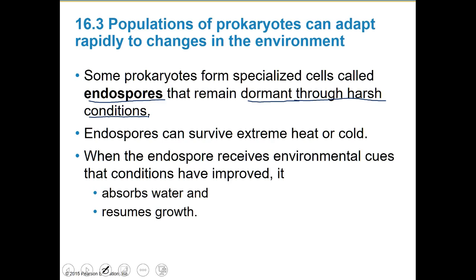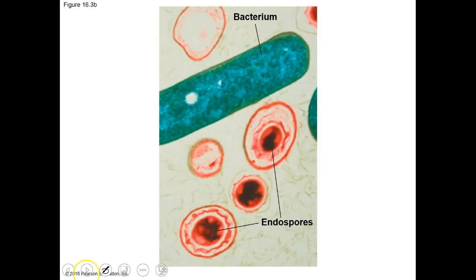But when the endospore receives environmental cues that conditions have improved, like the anthrax getting inhaled into somebody's nose, it would absorb water and resume growth and then cause a serious infection. That was a bad one. But that's how they were able to send it, with endospores.